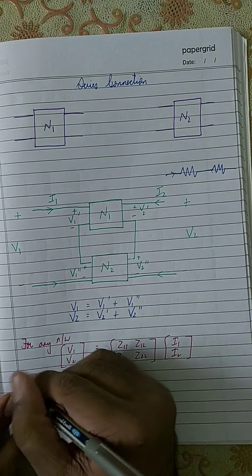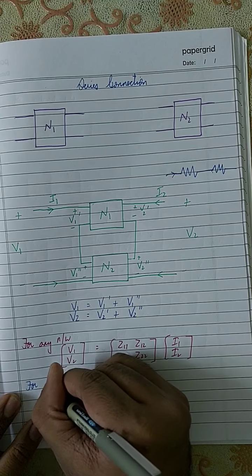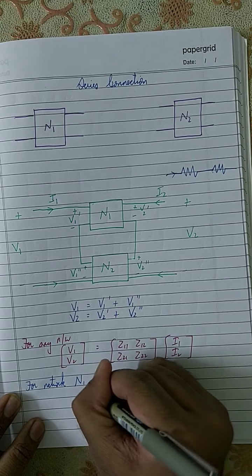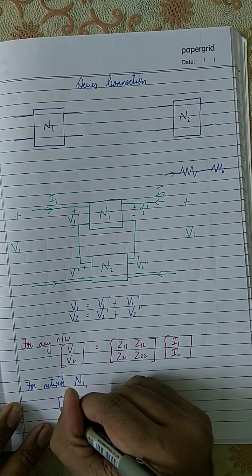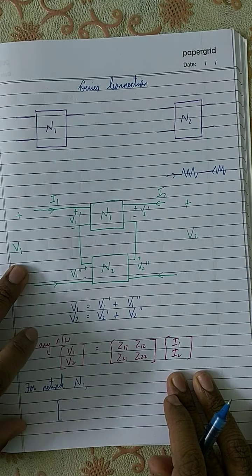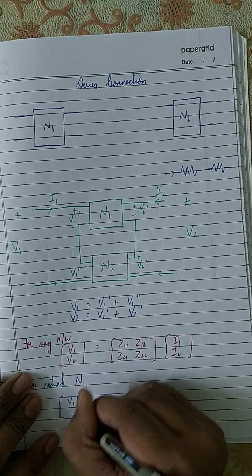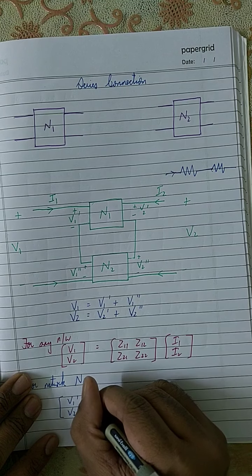For network N1, V1 dash and V2 dash are the voltages.